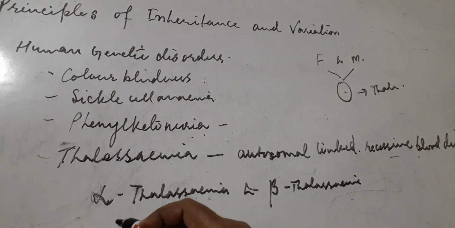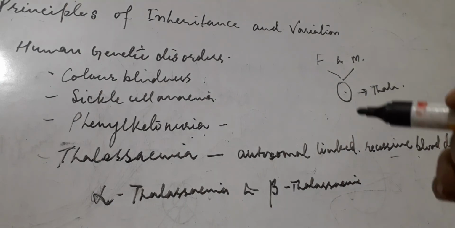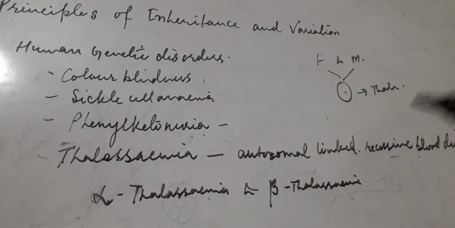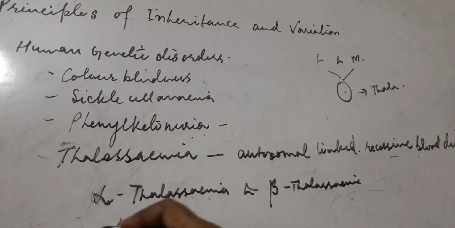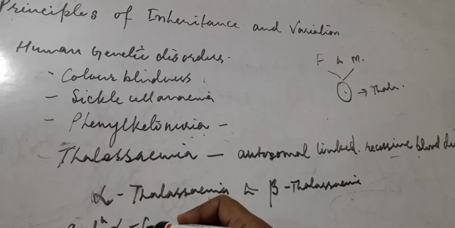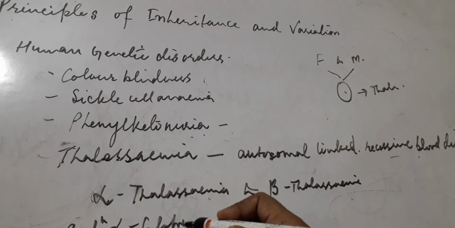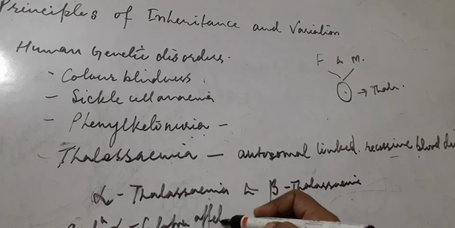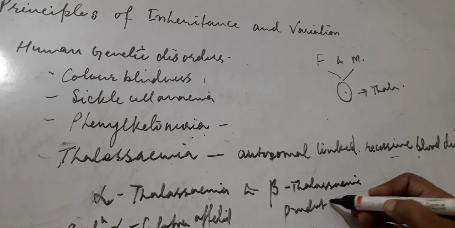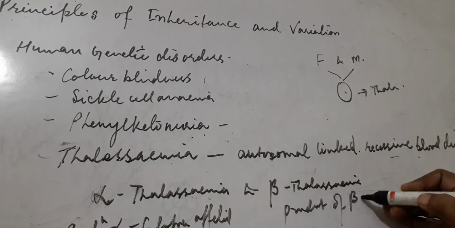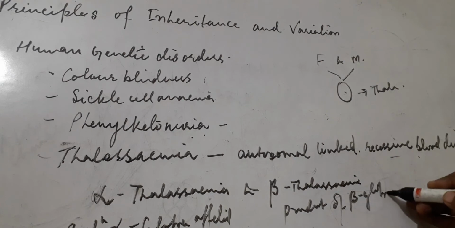In alpha thalassemia, production of the alpha globin chain is affected. Here, in beta thalassemia, production of the beta globin chain is affected. Clear?